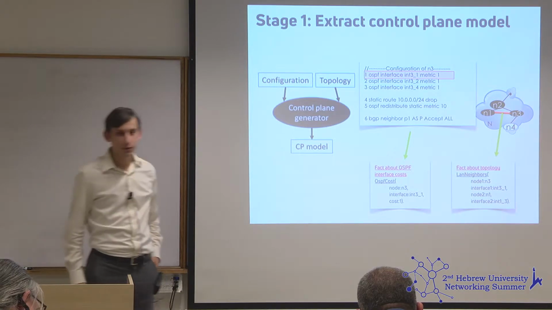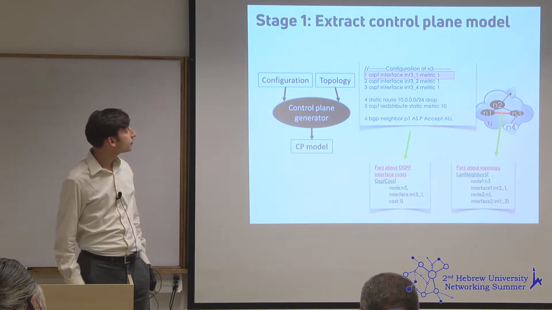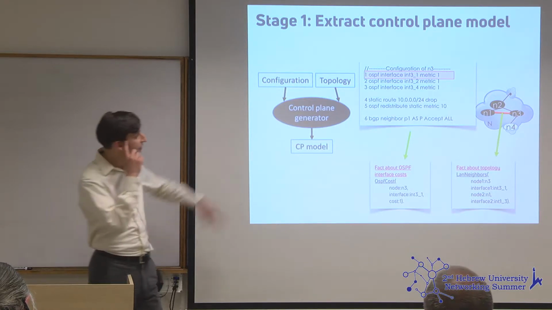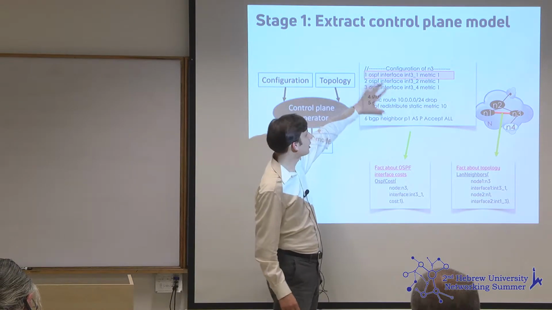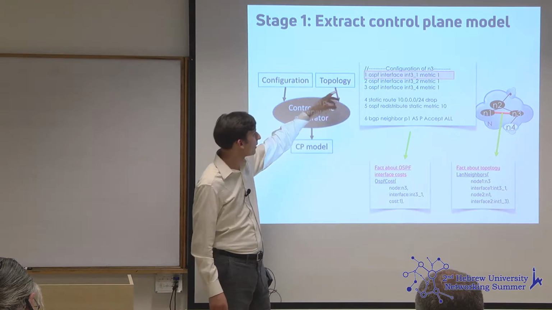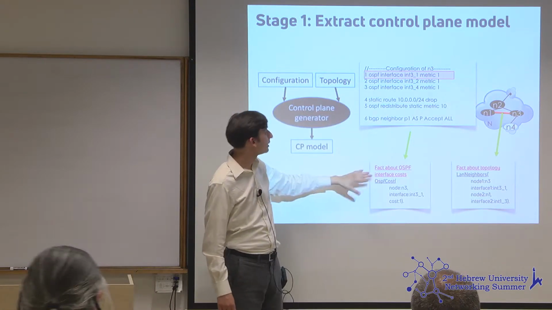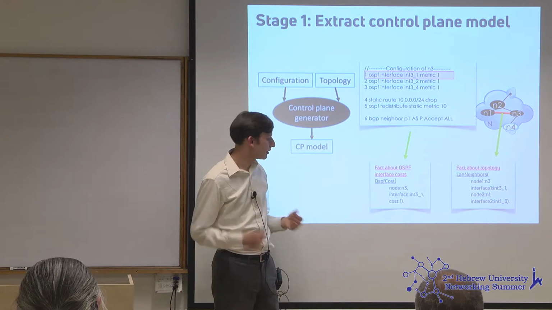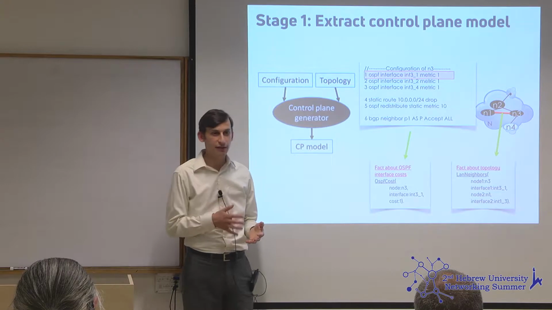Okay, so let's walk through some examples here. We start with the configuration, shown up here. So this is your OSPF configuration and so on. We translate this into a declarative representation, which is a bunch of facts.